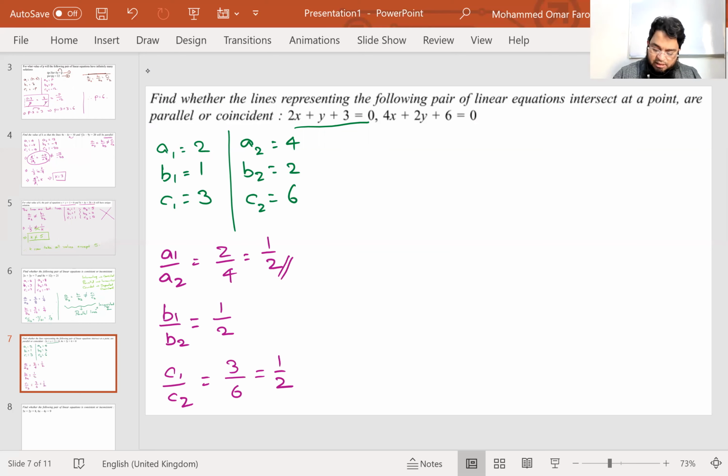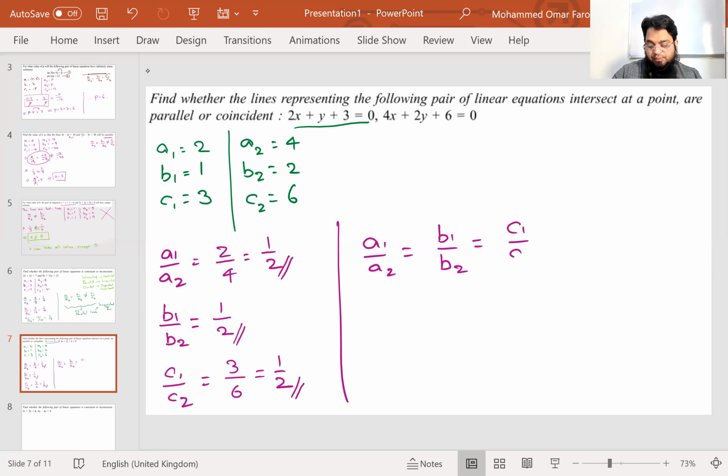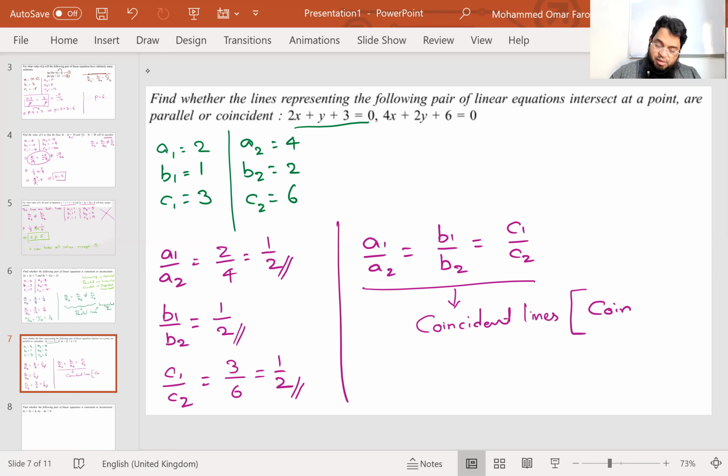So we can clearly see that the ratio of coefficients of x is equal to the ratio of coefficients of y is equal to the ratio of constants. So all these three ratios are equal, and this is the condition for coincident lines. And we have learned that coincident lines are called dependent, which are nothing but coincident lines.